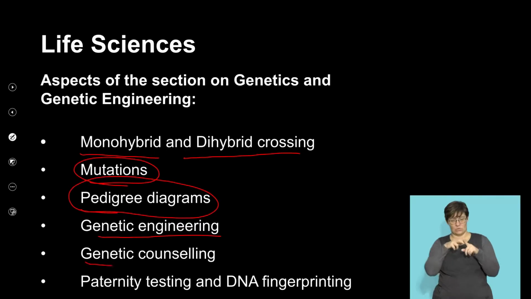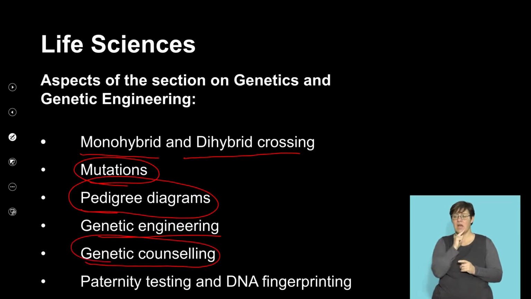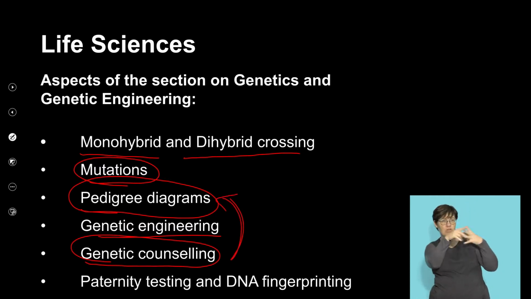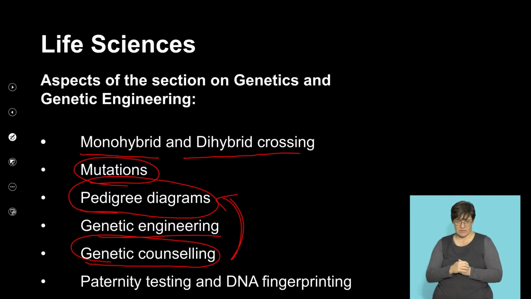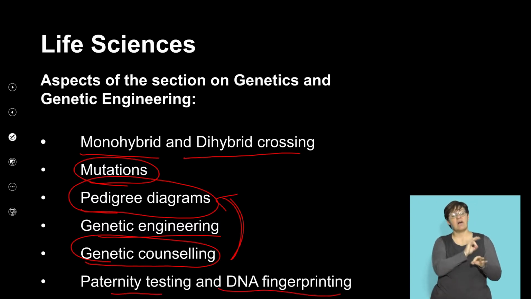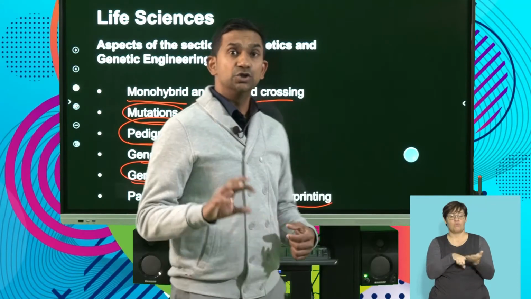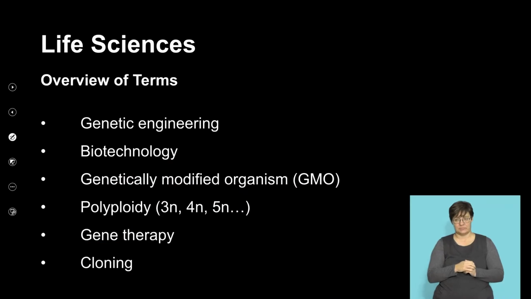It's important that you understand that genetic counseling relies on information that you assess from pedigree charts as well as from genetic screening. The idea of paternity testing using DNA fingerprinting and blood groups is another aspect that you would be required to know when we're revising this section.